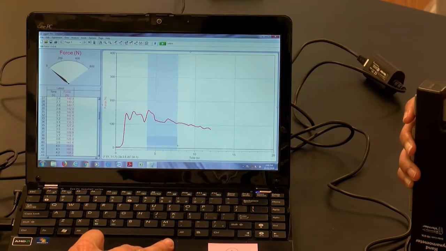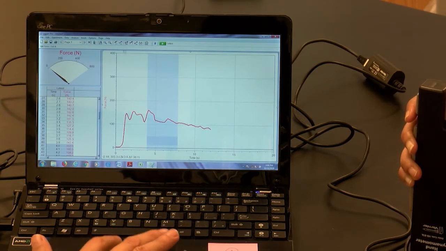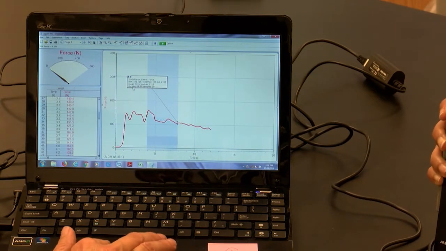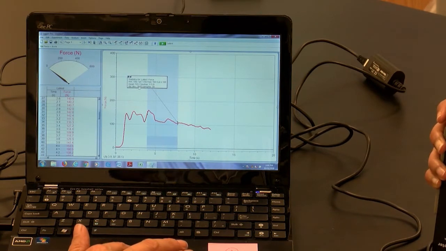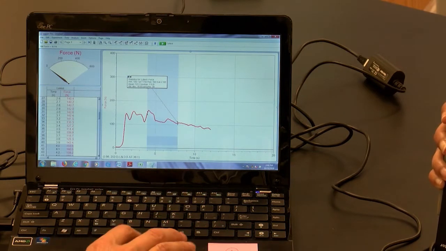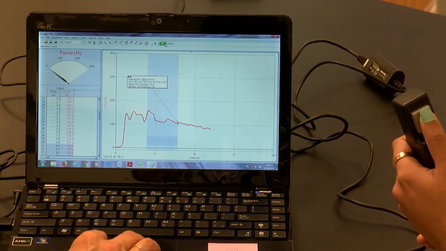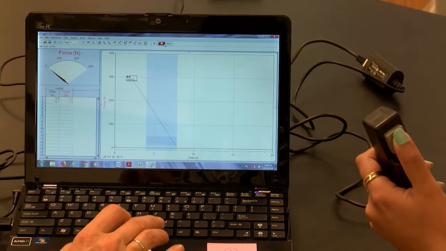We'll go to our statistics, and the mean is 122.7 newtons, and this is with the dominant hand. Now we're going to collect with our non-dominant hand, which in this case is the left hand, and we'll start collecting.